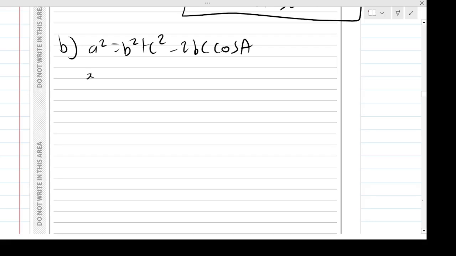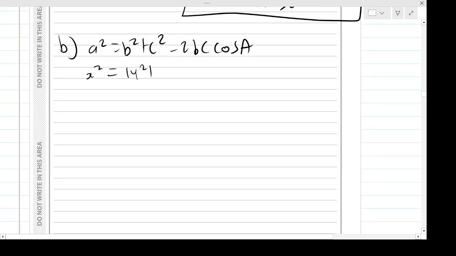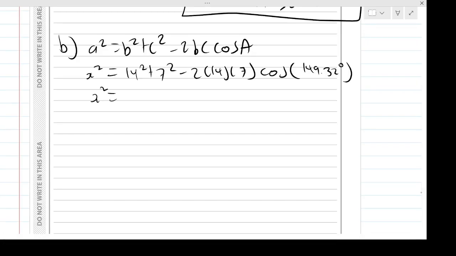So if I use the cosine rule here, remember the cosine rule is a squared is b squared add c squared, take away 2bc cosine of A. So then here, my missing side is x. x squared is the other two sides, all squared. So it's going to be 14 squared and 7 squared, take away 2 lots of 14 times 7, cosine of the angle which we worked out in part A, 149.32. And so at that point, we just put that in the calculator and we get x squared is 413.57046.